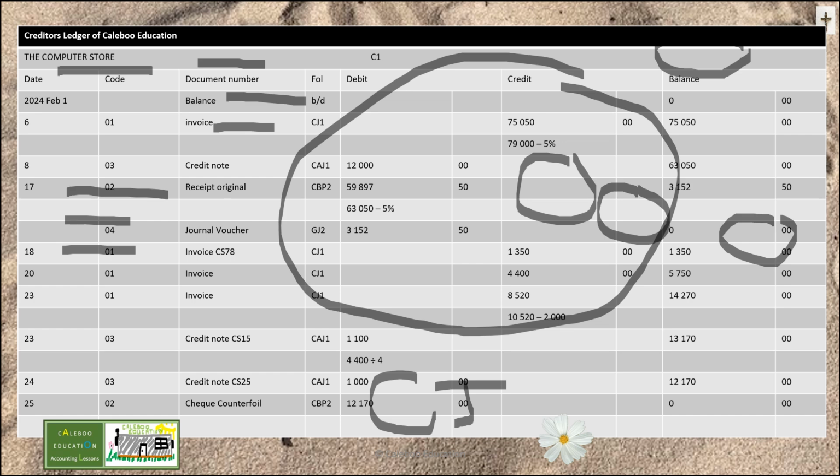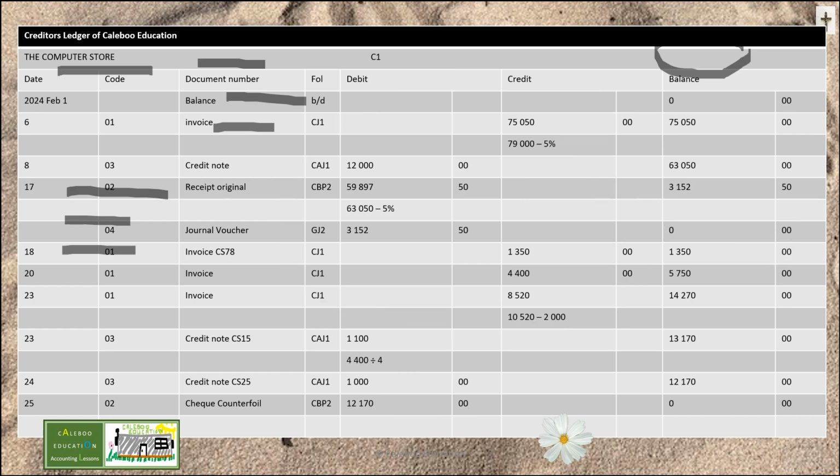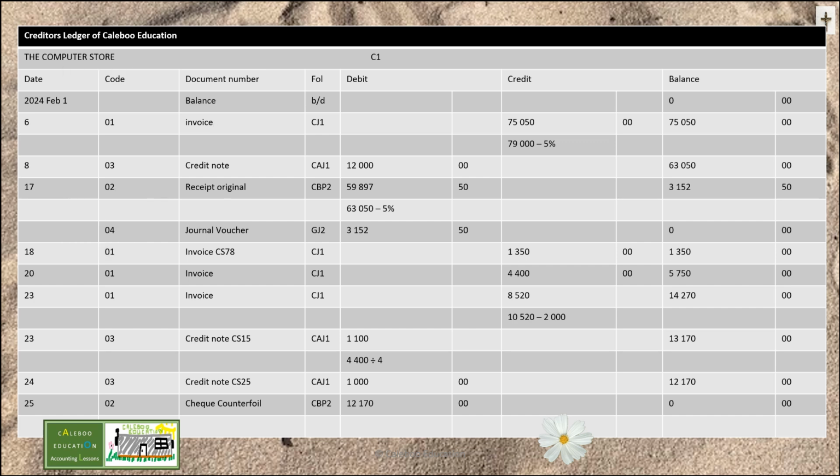And if all the transactions were posted to the computer store's account in the creditors ledger, let me show you. This is the creditors ledger of Calibu Education.